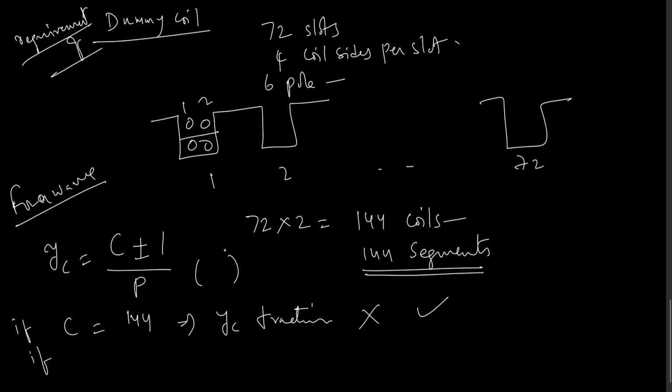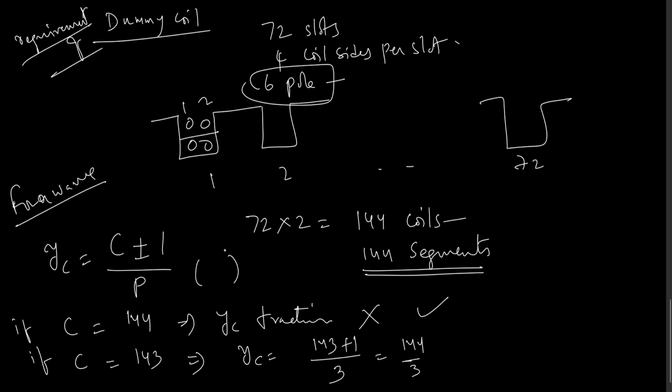So if I take just 1 less than 144, that is 143, then what happens? Yc is equal to 143 plus 1 by 3, because we have 6 poles. So it comes to 144 by 3, which is 48. 48 is the Yc, the commutator pitch.